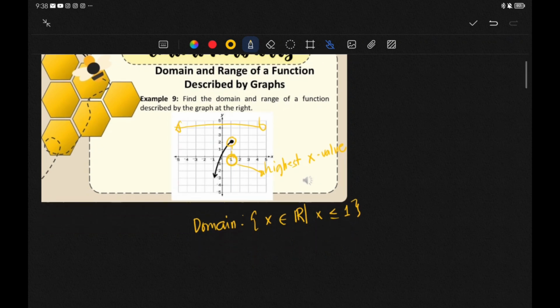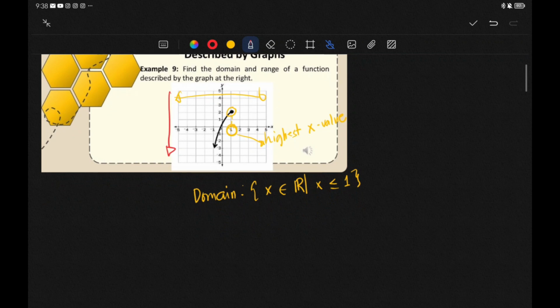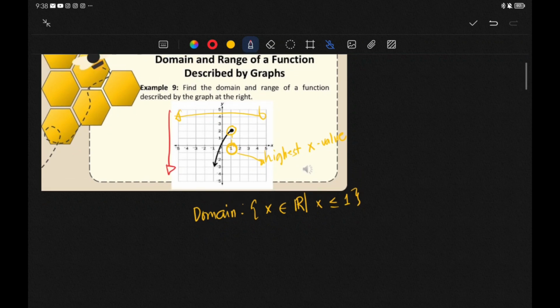Now for the range, we are going to look at the y values or outputs taken by the graph vertically, going down from up. So we are going to identify the highest value for y. The highest value for y here is positive 2.